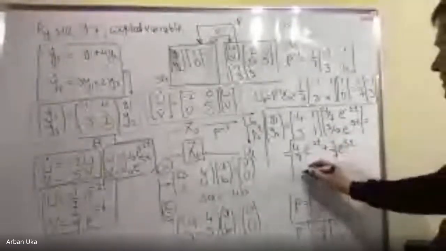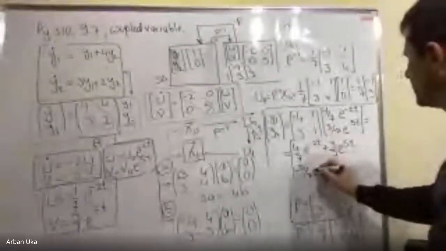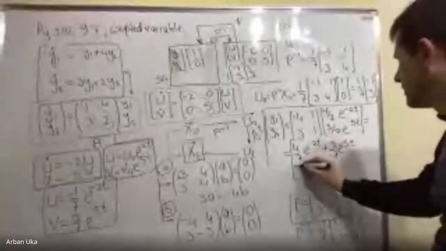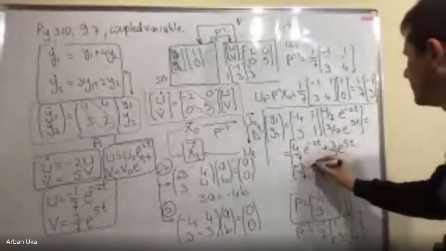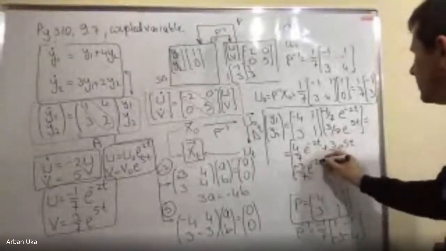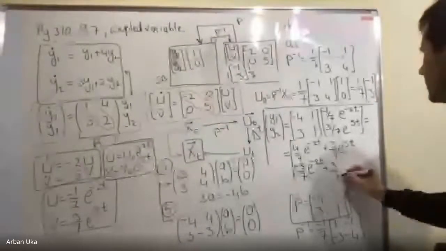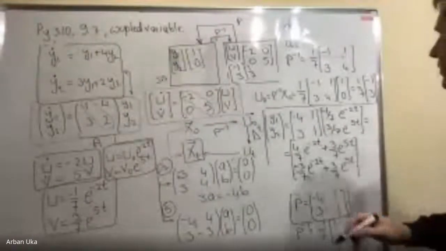And then y2 is equal to minus 3 over 7 e to the power -2t plus 3 over 7 e to the power 5t. Okay, we solved this one.